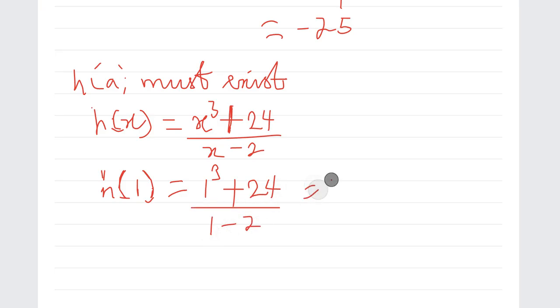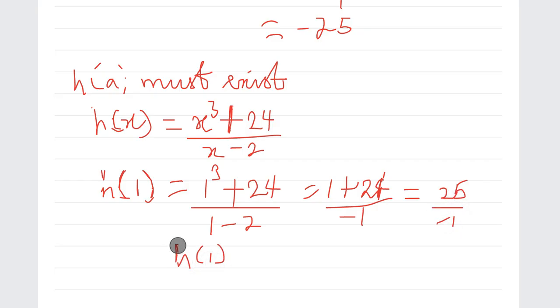That will also give us 1 plus 24 over minus 1. So that will also give us 25 over minus 1. That means our h of 1 is also equal to minus 25.